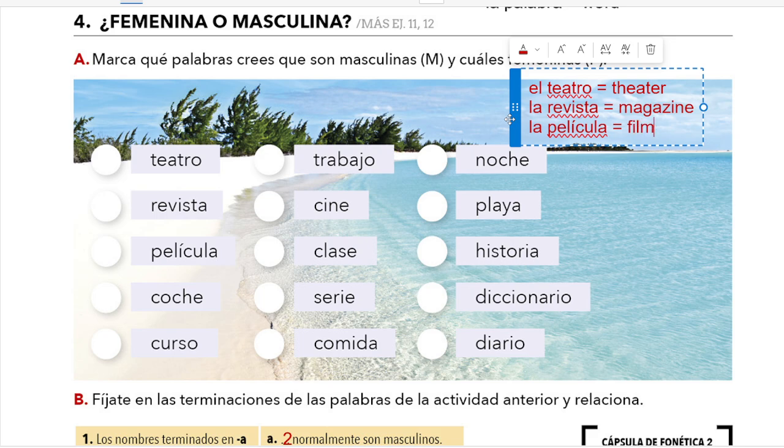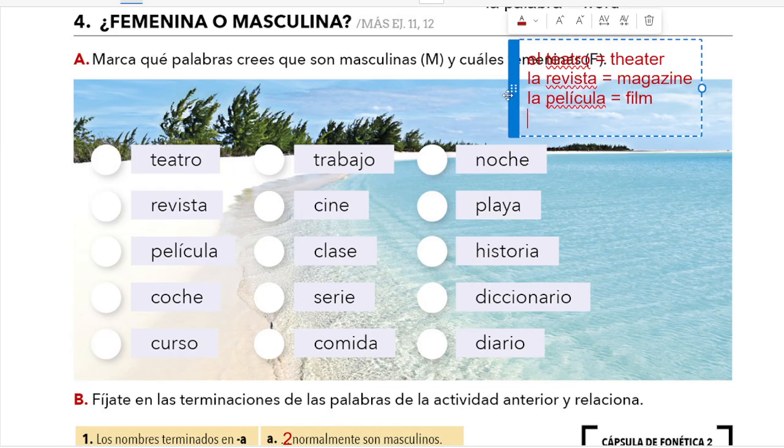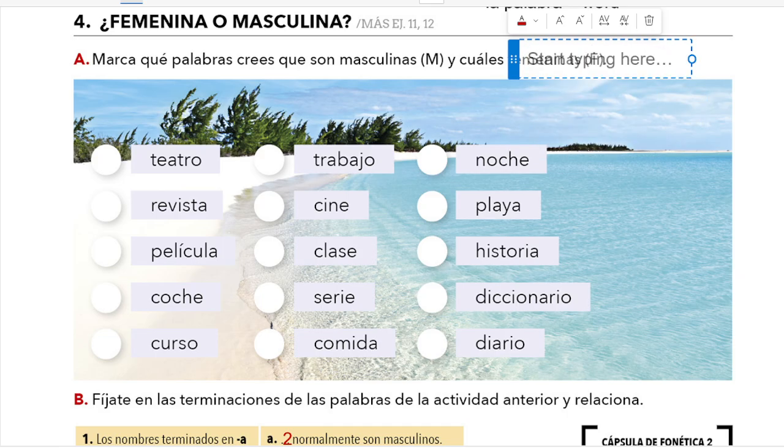Film. Next we have coche. El coche is your car. Curso. El curso is your course. Okay, let us jot down all these words here.